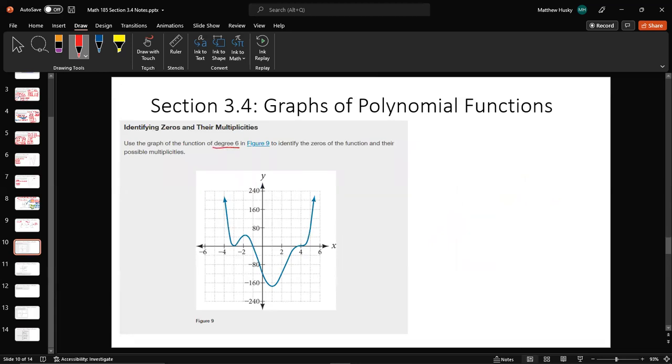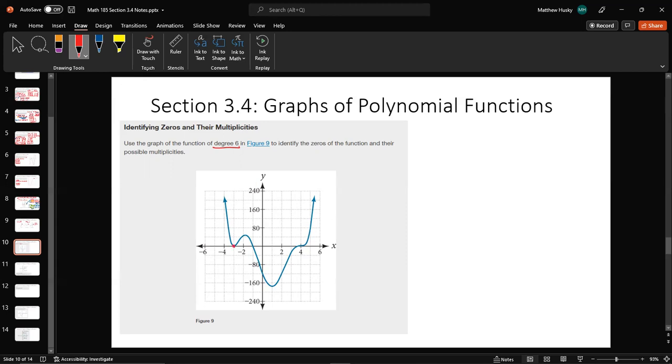I don't know if we've defined what degree means yet or not. I think we have, but I'm not remembering. I'll just tell you again, even if I've told you before. It's degree 6, and identify the zeros of the function and their possible multiplicities. Okay, let's find these points here.